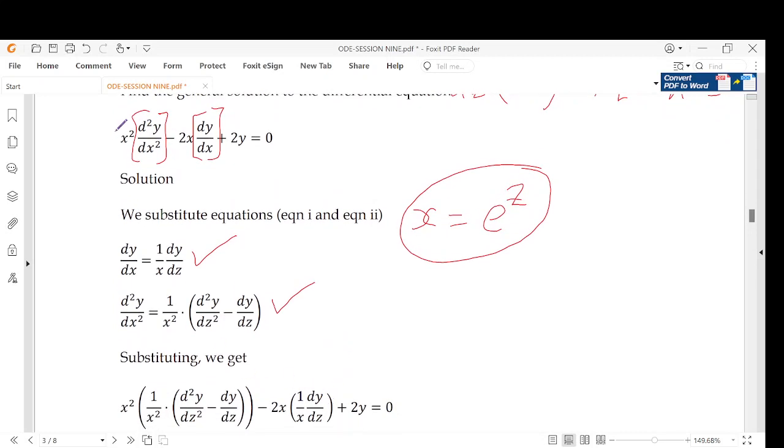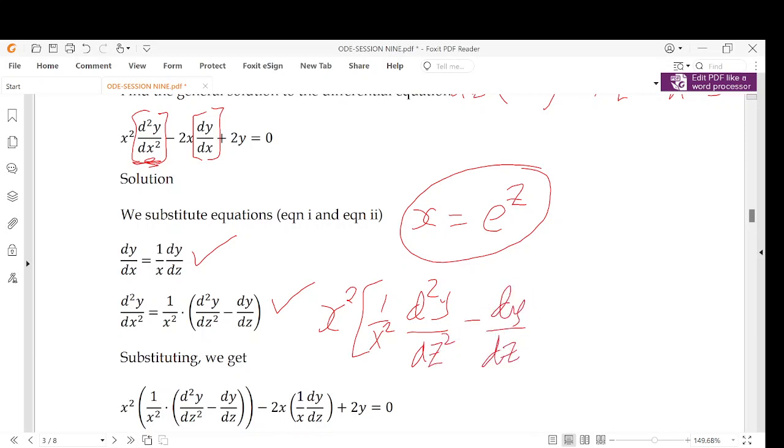So we start with x squared. Then we put this quantity, which is 1 over x squared d squared y by dz squared minus dy by dz. Oh, sorry, this is not dx, but dz.